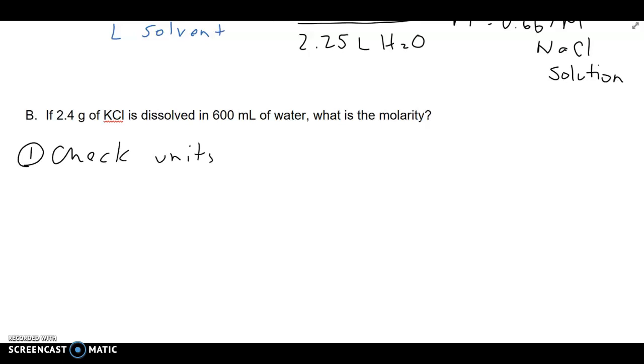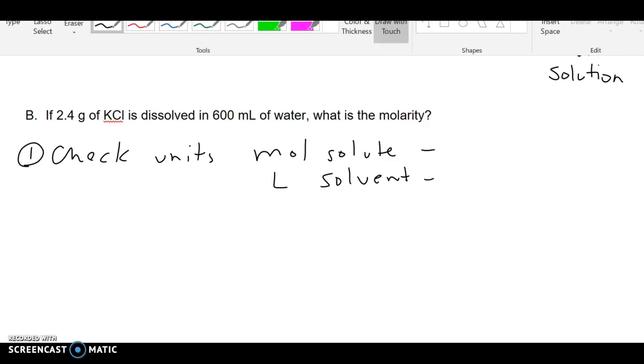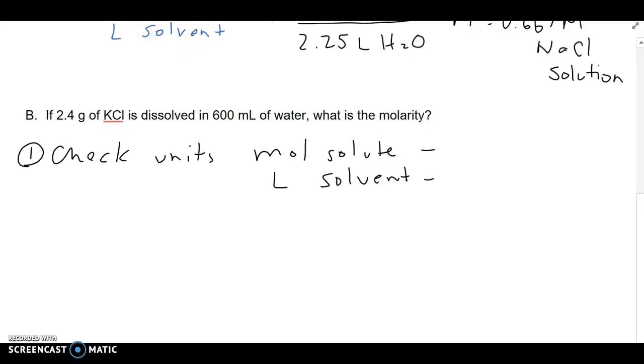Okay, so we want moles of solute. We want liters of solvent. Solute is the solid, solvent is the liquid. Okay, so what do we have here? So we have grams of KCl. So our solute is in grams.